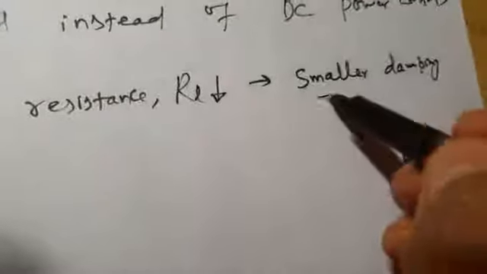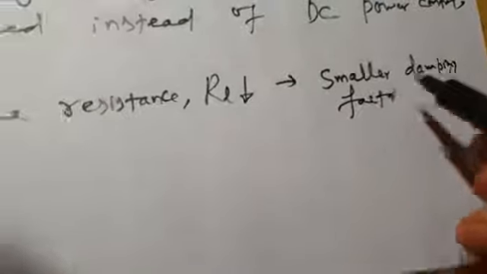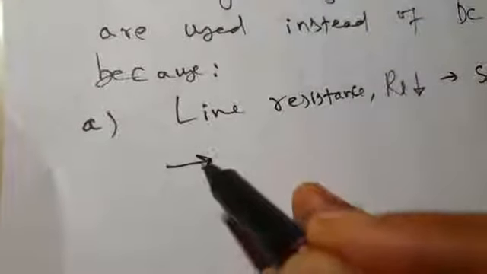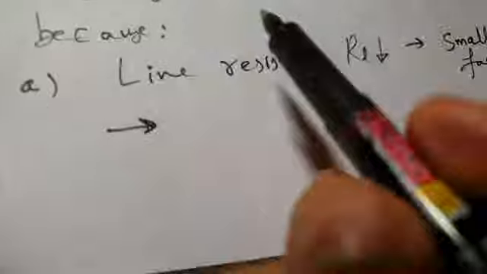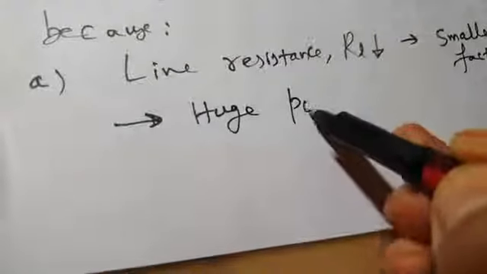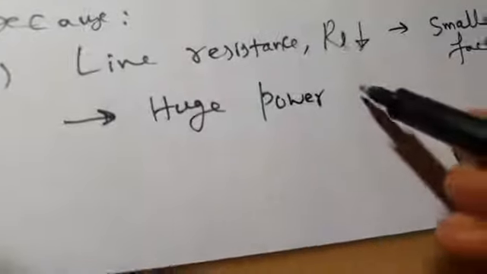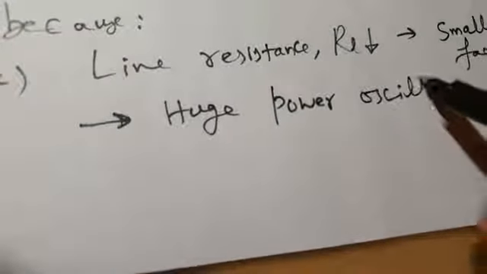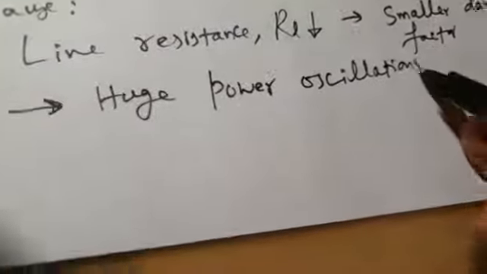Smaller the transmission line resistance, smaller is the damping factor. And smaller the damping factor, more huge power oscillations will be there. And because of huge power oscillations, the DC transmission line operation will become unstable.